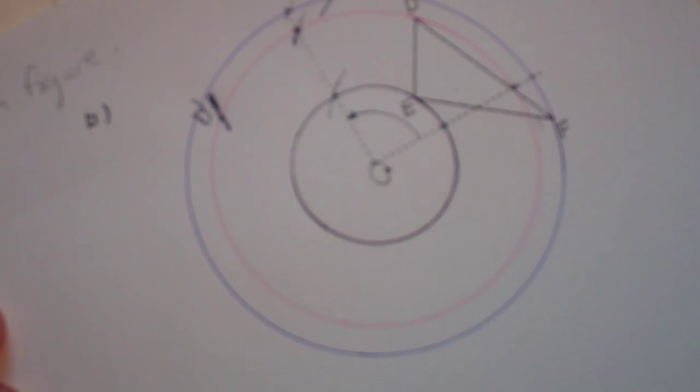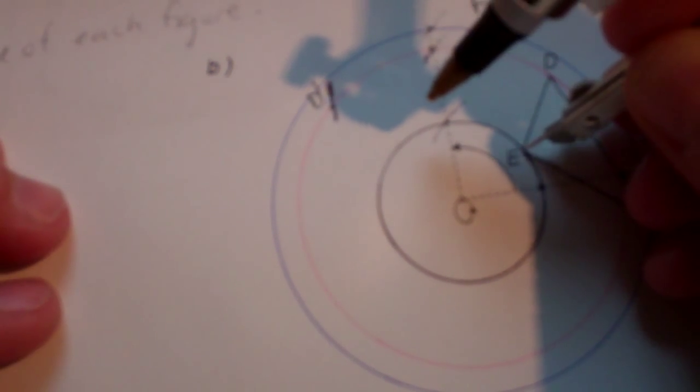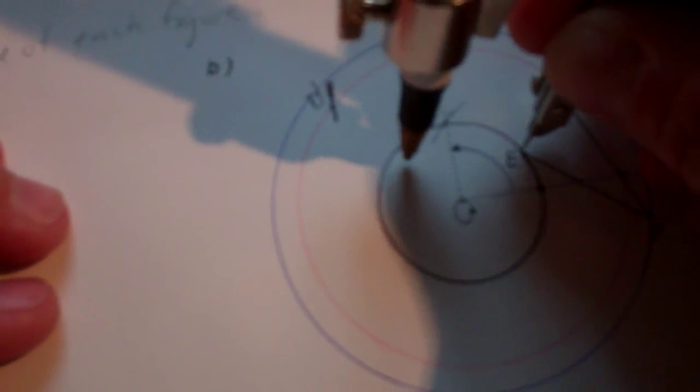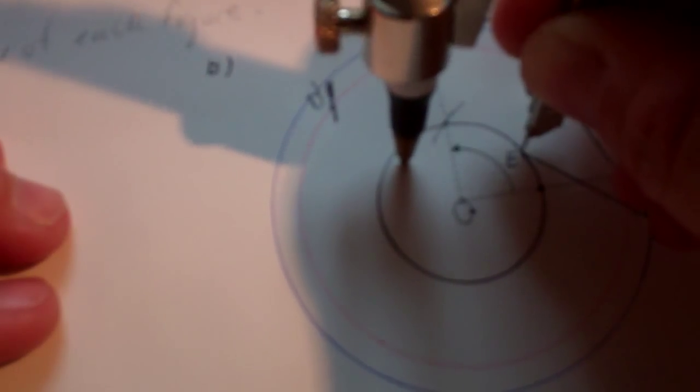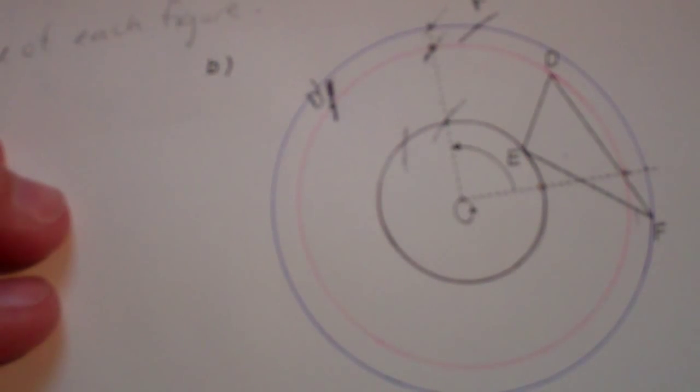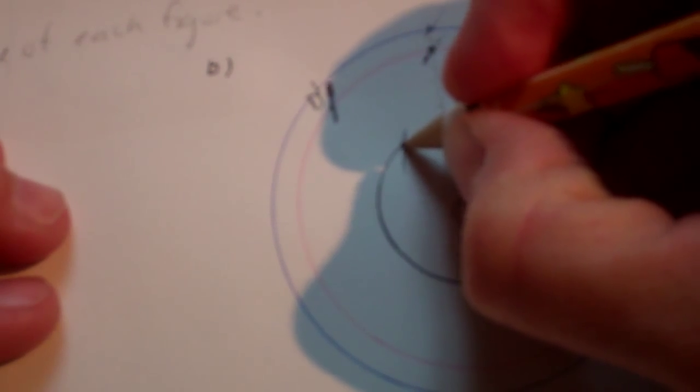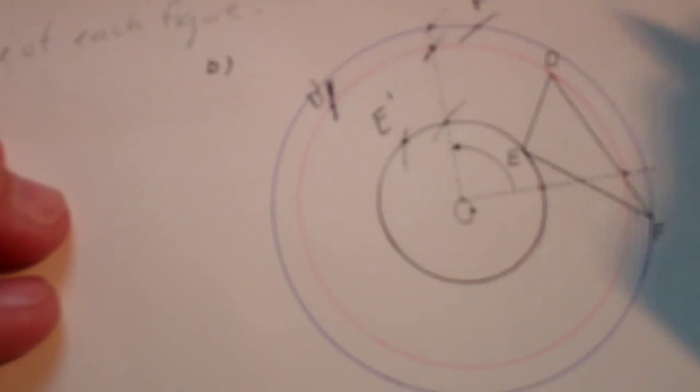And which point is on the black circle? Point E. I will go on point E. Find the image of point E. And just show that this is E prime.